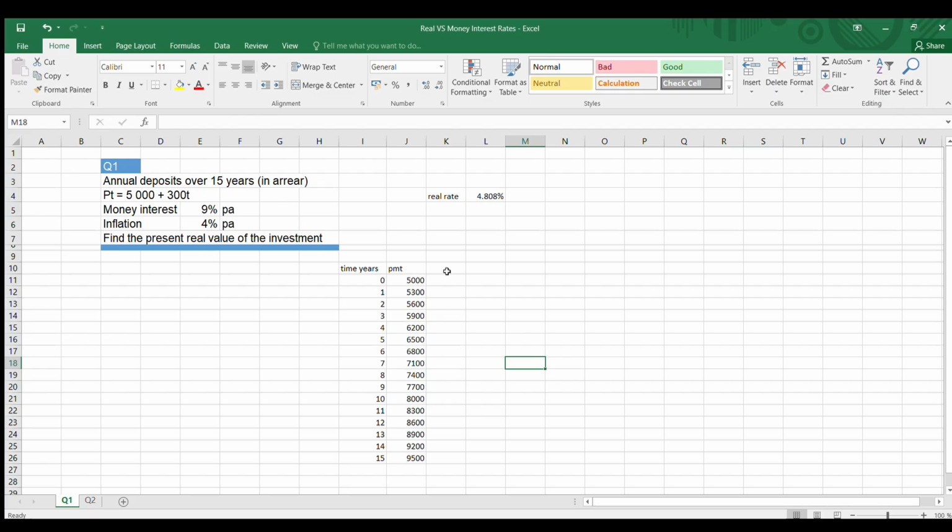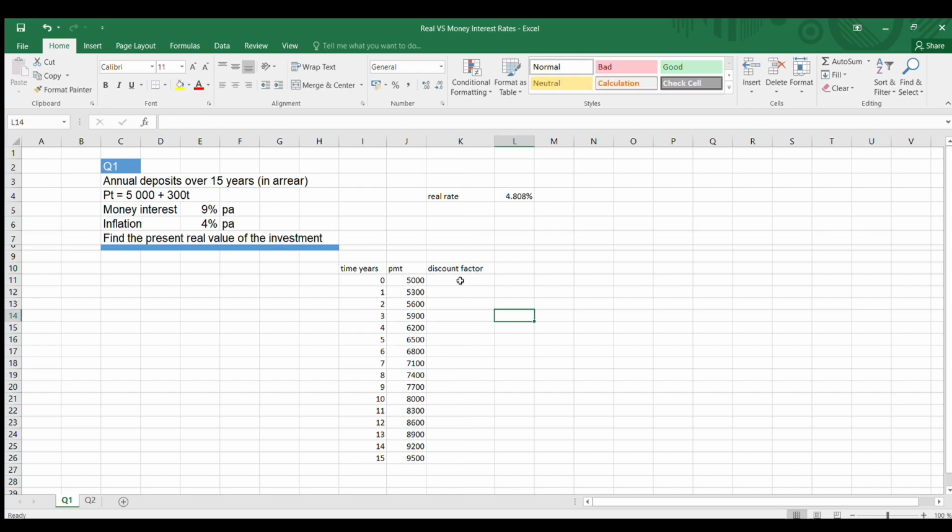And then after that, what's very important is that we need to include our discount factor, you see. In order for us to have the true present value, we need to make sure that we discount each and every payment. In this case, our discount factor is simply going to be bracket 1 plus our real interest rate. And don't forget to fix the cell reference.